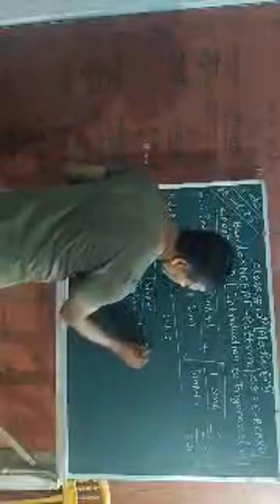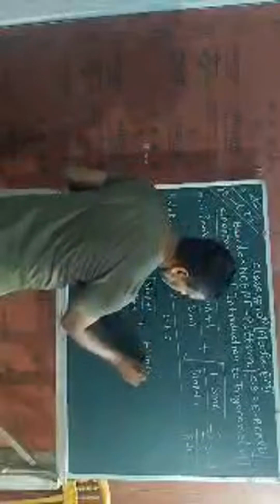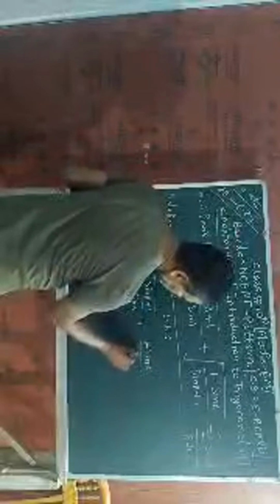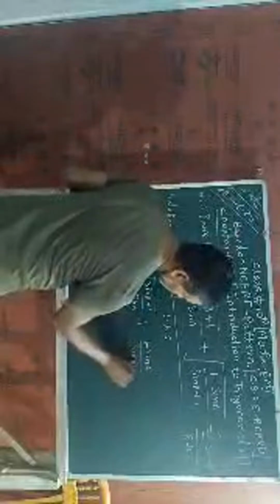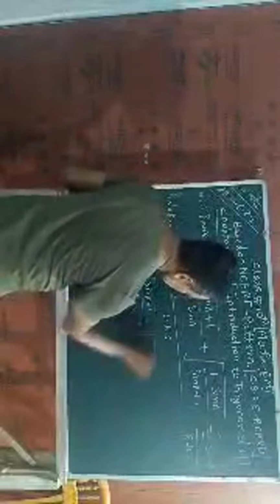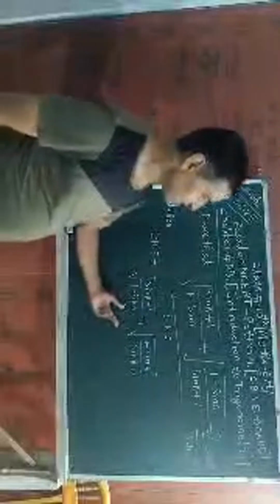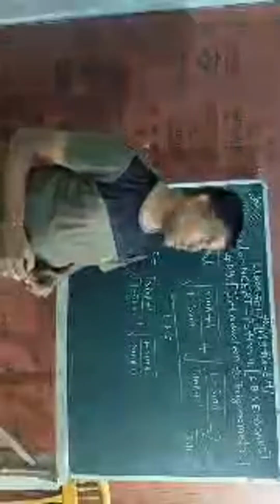Again I will write 1 minus sin a divided by sin a plus 1, in square root. So this is the left hand side data, and I will simplify it for getting the right hand side value.